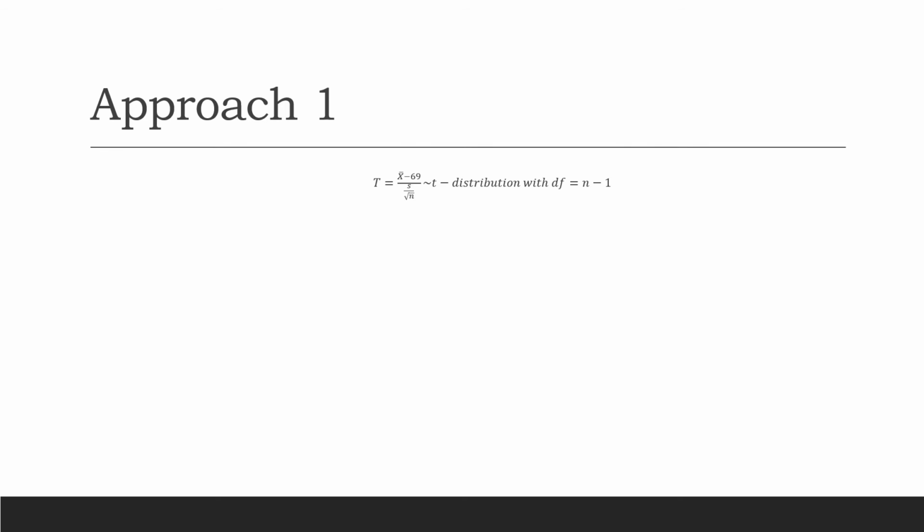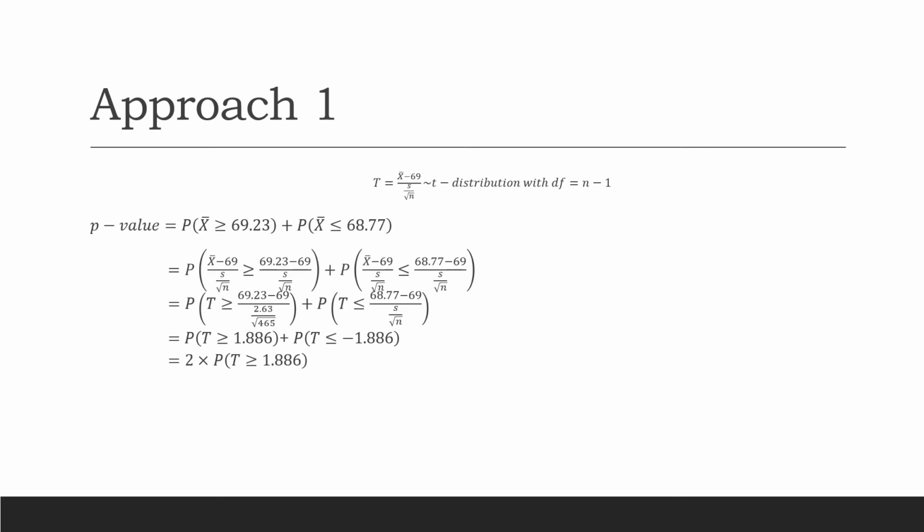So approach 1 using the t-distribution. The p-value is the chance that the sample mean is more than 69.23 or less than 68.77. Doing some algebra here, I'm subtracting the hypothesized mean and dividing by the standard error on both sides of this equation.